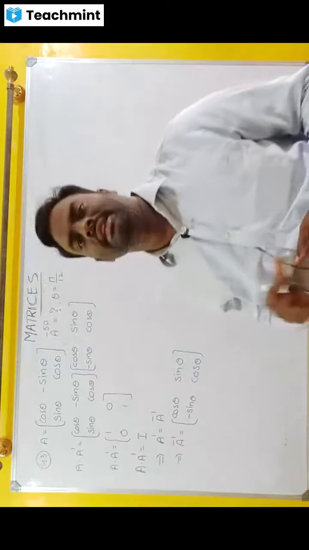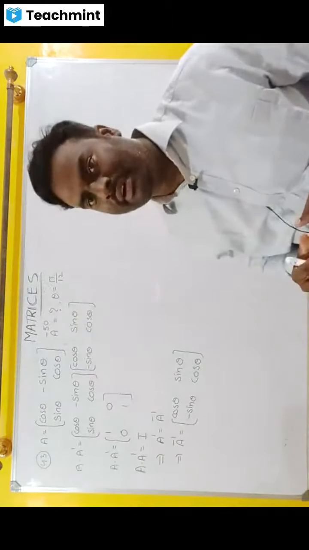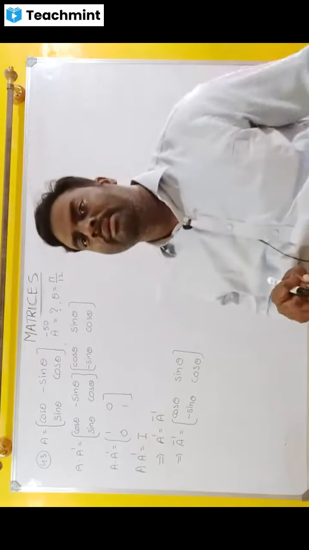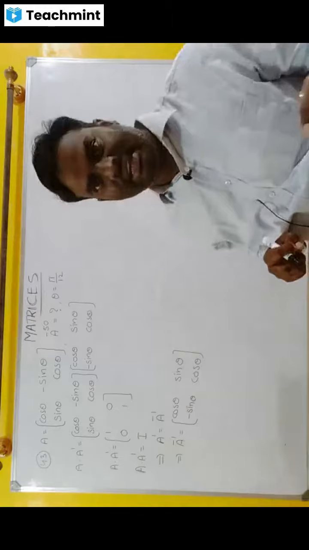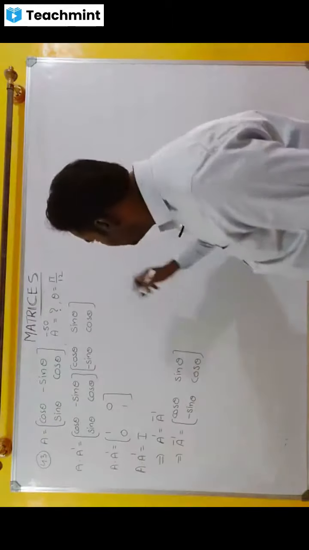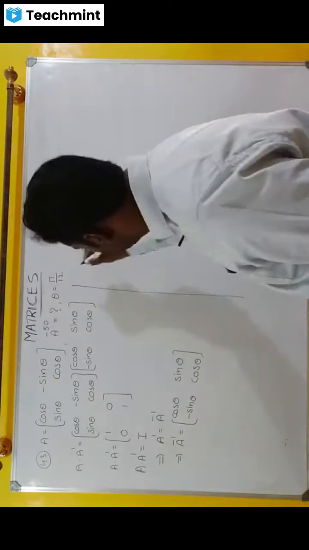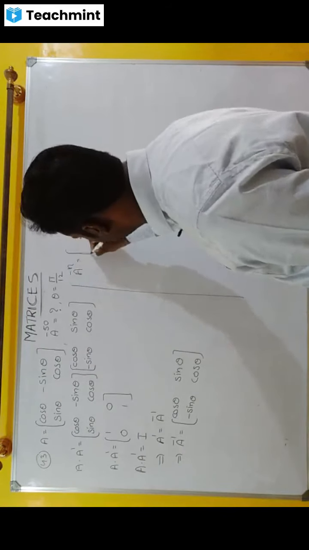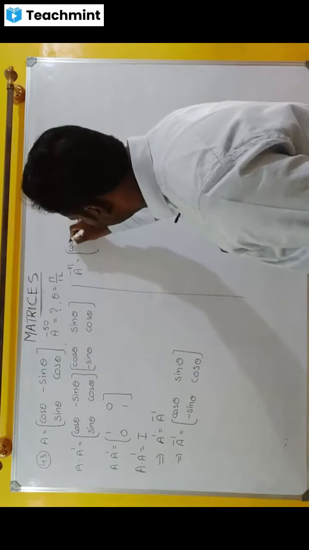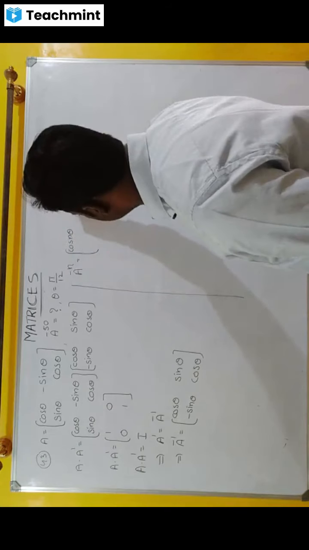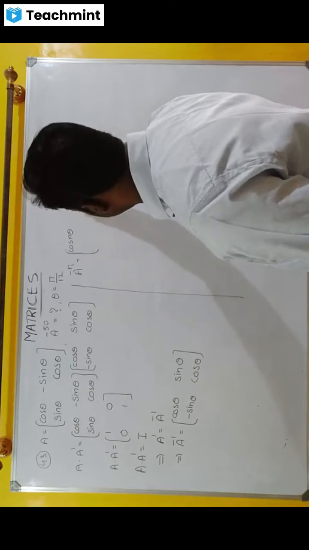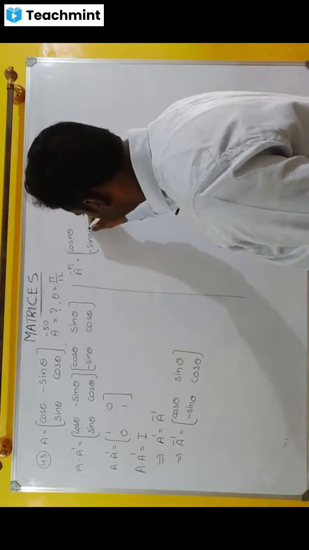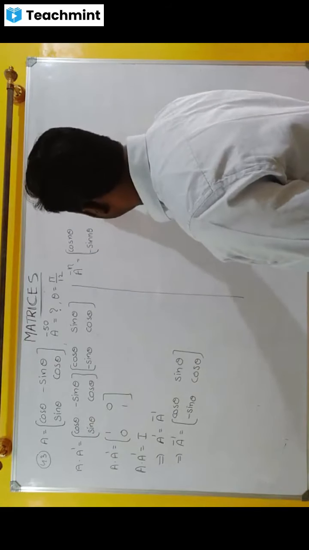But in the question they asked A power minus 50. If you apply the principle of mathematical induction, then we'll get A power minus n is equal to cos n theta, sin n theta, minus sin n theta, cos n theta.